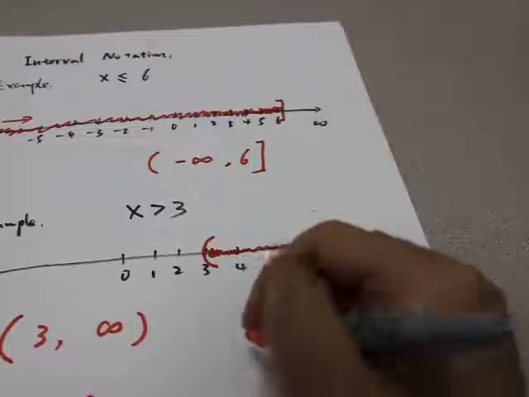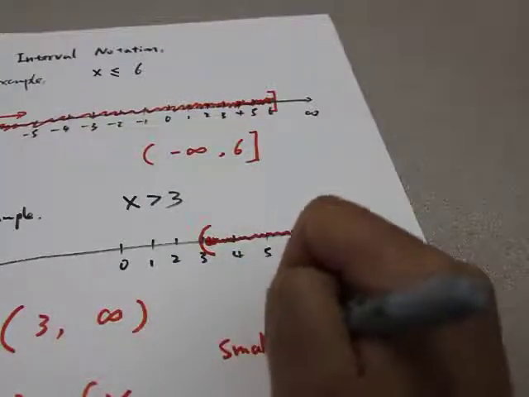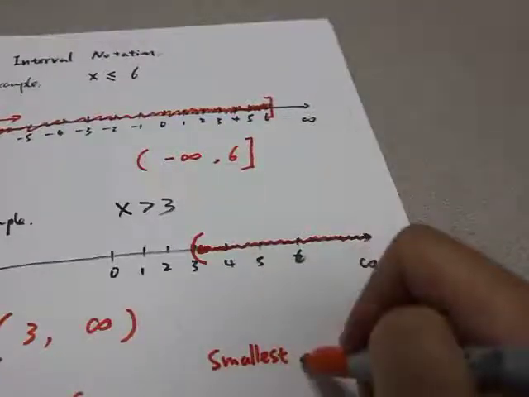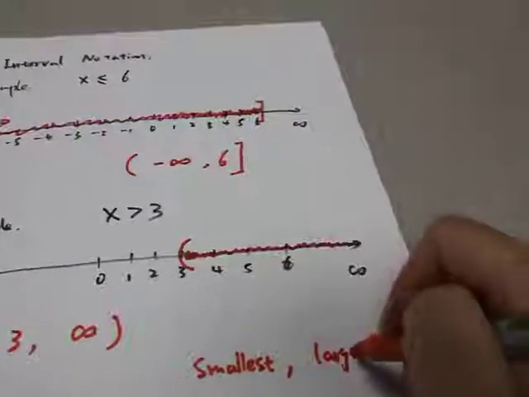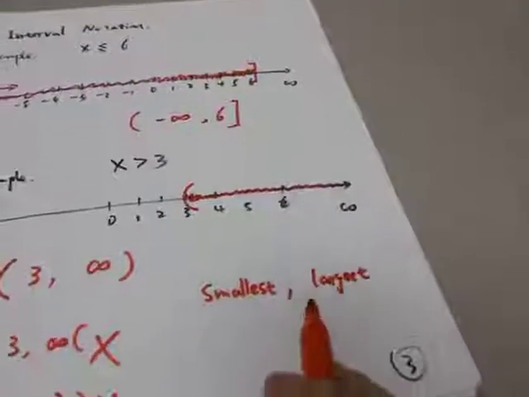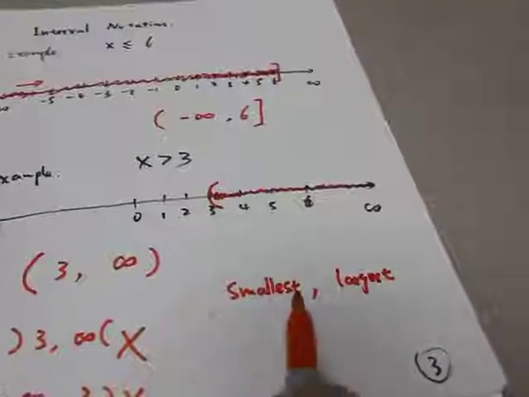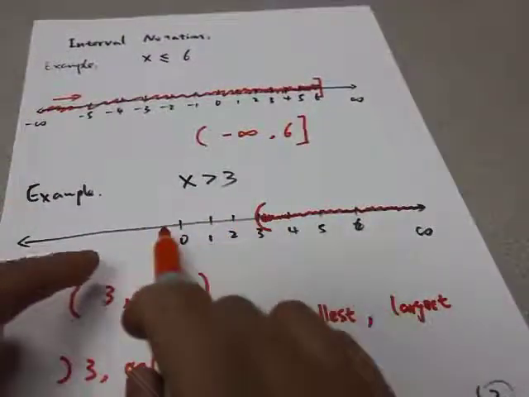So just remember like this: the smallest thing is always on the left hand side, and the largest thing is always on the right hand side, because this corresponds to the numbers on the number line, right?